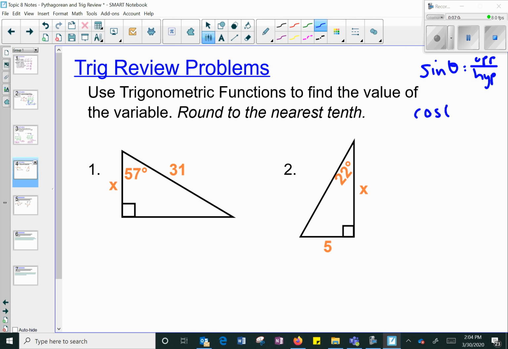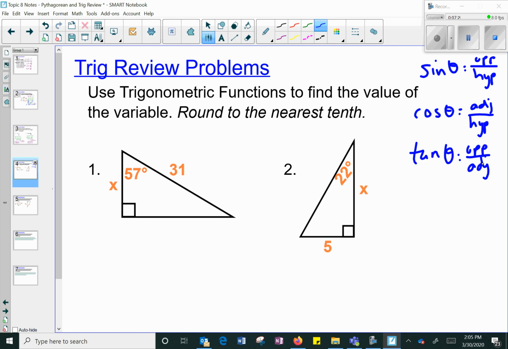Cosine of theta is equal to adjacent over hypotenuse. And tangent of theta is equal to opposite over adjacent. I apologize for my handwriting here. I'm using a stylus, which is not the norm. We are all in this not normal classroom together.